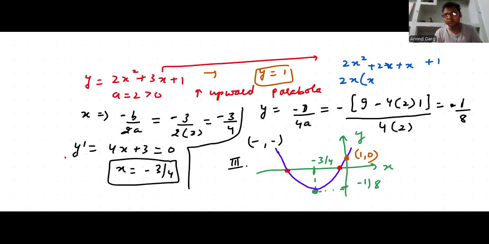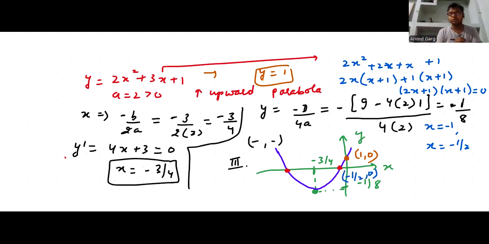If I take 1 as common, you will get x plus 1. So we have two factors, 2x plus 1 and x plus 1. And if you equate them to 0 to find the zeros, you will get x equal to minus 1 and x equal to minus 1 by 2. So what does that mean? This point is minus 1 by 2 comma 0 and this is minus 1 comma 0. So these are the roots.